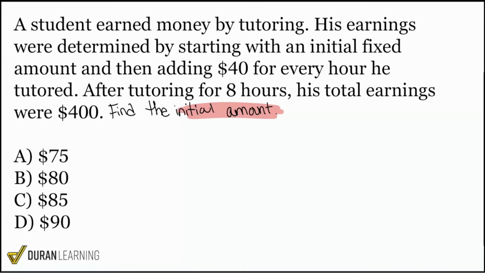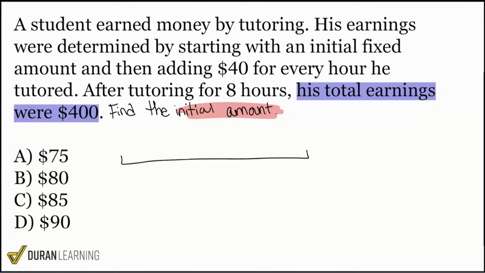Can we agree that the final total earnings this student makes by tutoring is $400? Right on. So no matter what happens, we know it's going to be equal to $400 in terms of the total earnings.